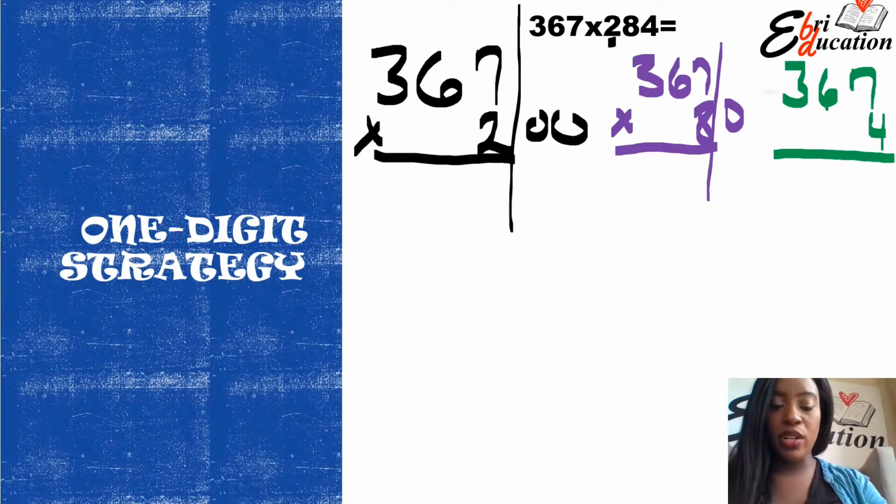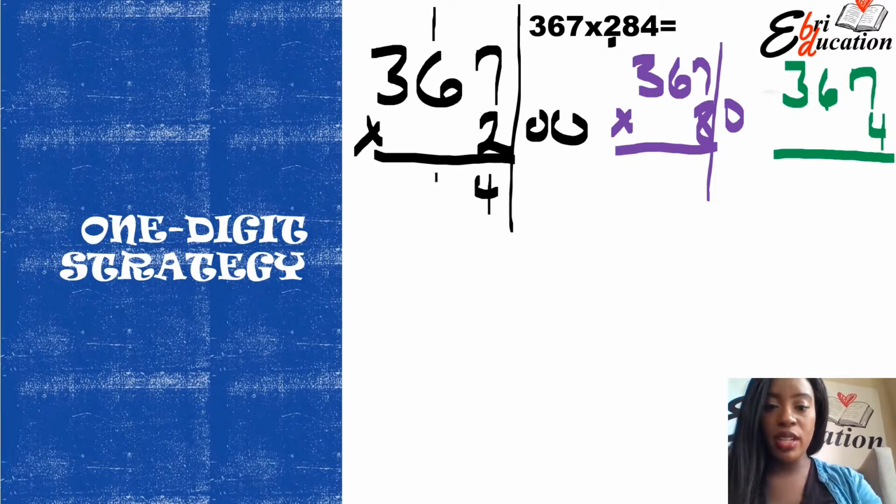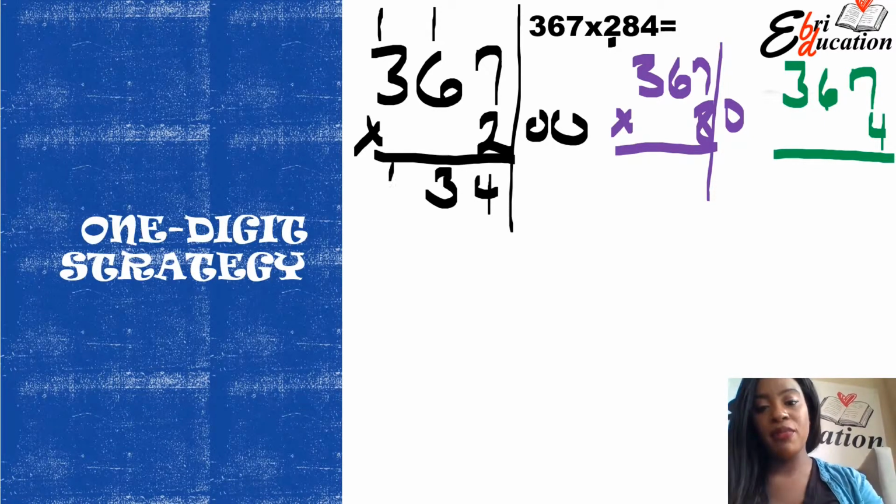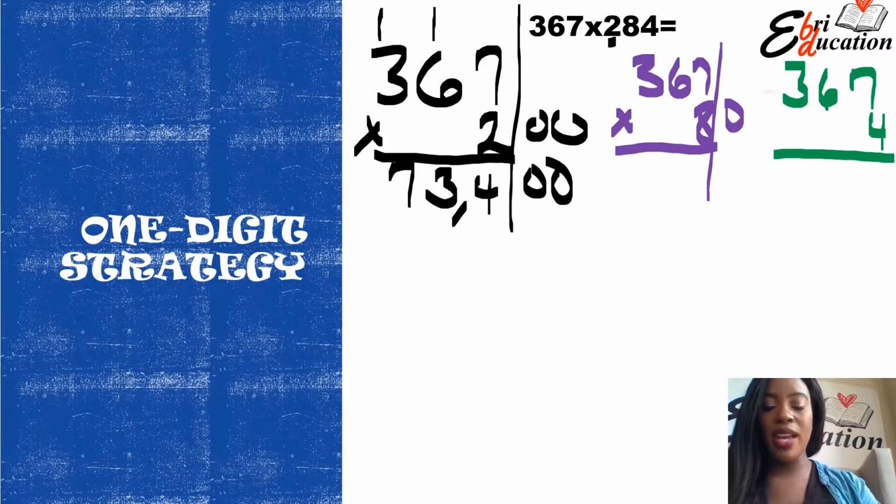Now I'm going to do 367 times 2. I know that 2 times 7 gives us 14. 2 times 6 gives us 12, plus 1 gives us 13. 2 times 3 gives us 6, plus 1 gives us 7. Now, bring those two zeros down. Now we have 73,400.